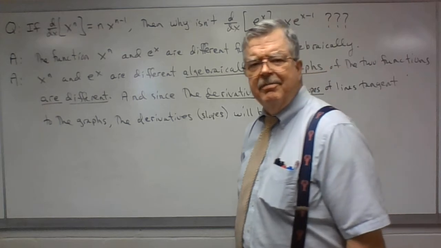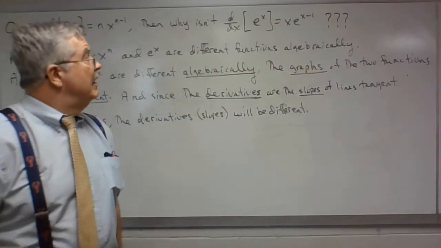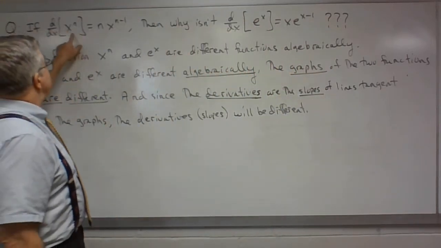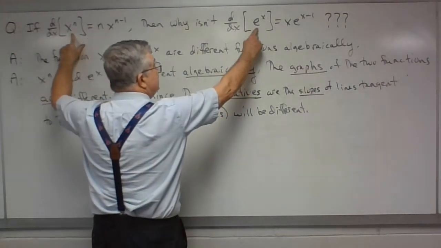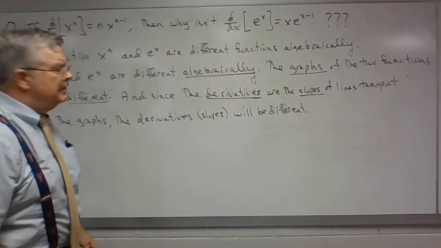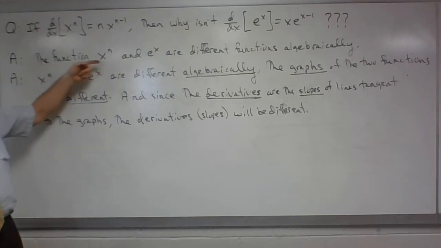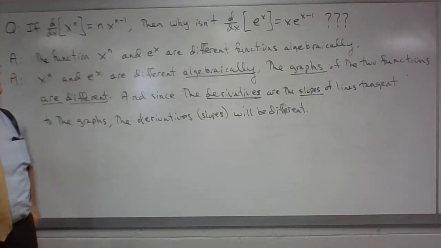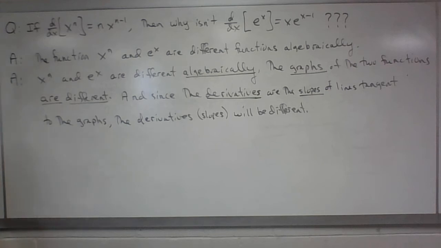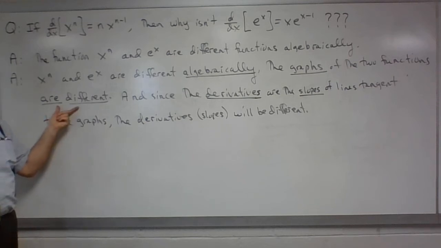Here's my second response to that question of why the derivative of x to the n and the derivative of e to the x are not the same. They're computed differently. We noted, first of all, that the functions x to the n and e to the x are different functions algebraically. And because they're different functions algebraically, the graphs of these two functions are different.